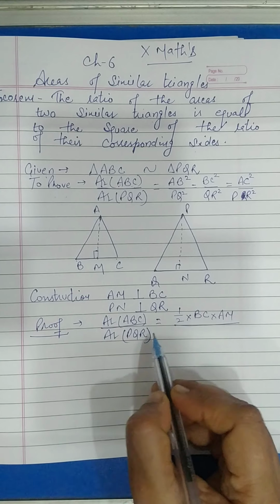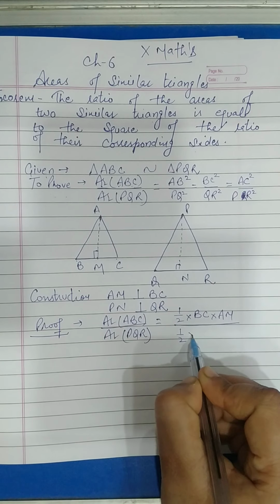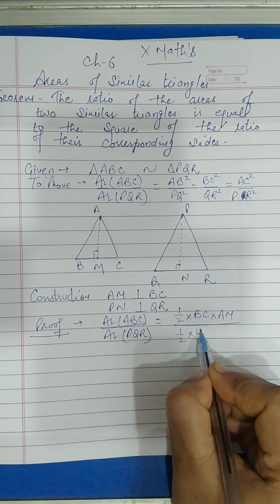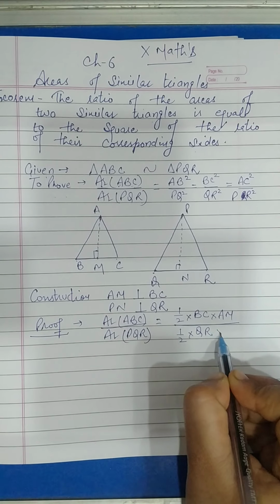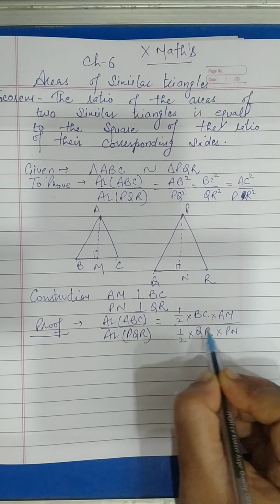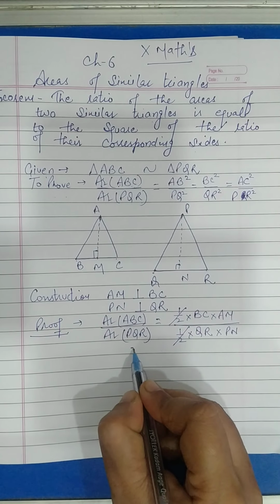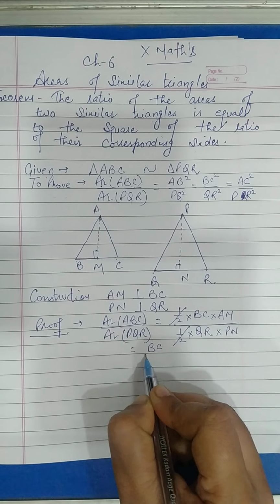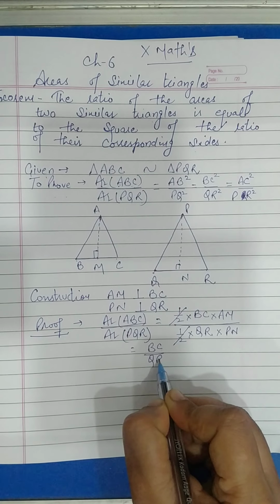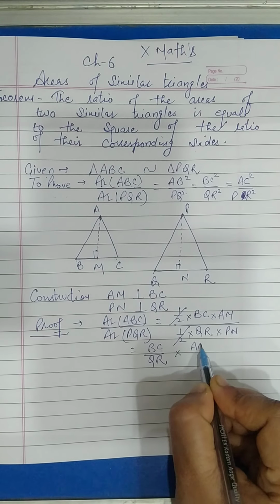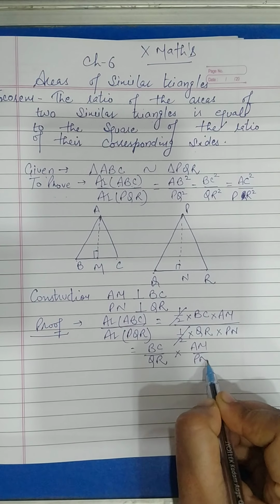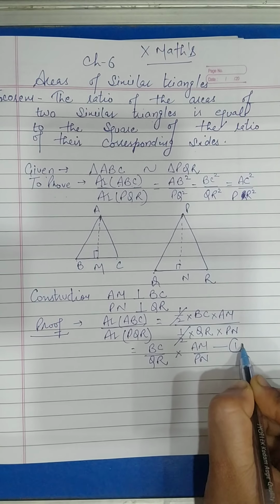Area of triangle PQR is half base into height; PN is the height, so QR is the base. Half is going to be cancelled. You can write it separately as BC upon QR multiplied by AM upon PN. Take it as equation number 1.